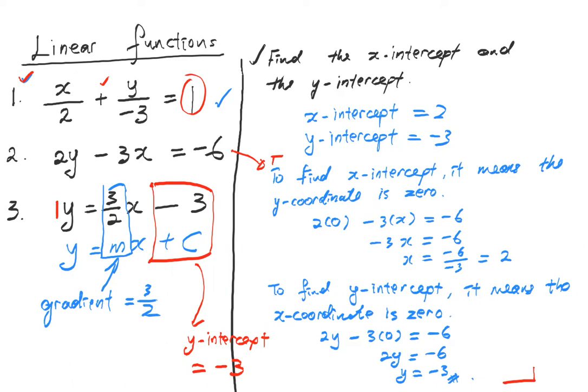Like in the graph, if the function is expressed in the graph, the gradient explains the degree of steepness of the graph. The degree of steepness. So if you say the gradient is 3/2 for this case, how are you going to tell people the relationship between x and y?